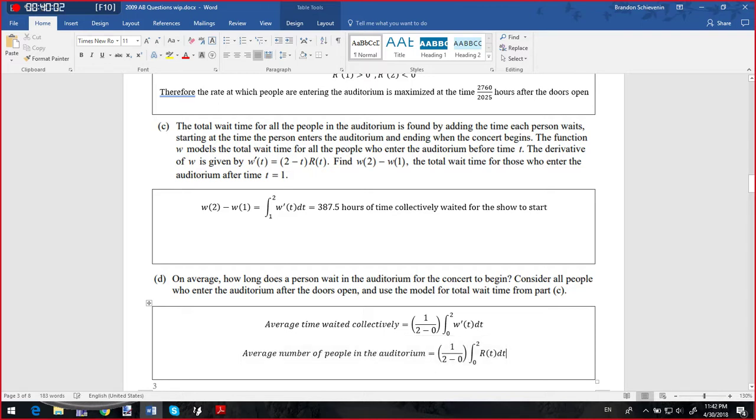So that'll tell us how many people are actually in the auditorium at that time. So this should give us an average number of people in the auditorium. If I take the average time waited and then divide by the average number of people, that should give me the average time per person that people are waiting. So I need to divide these two things together. Okay, so that would give me this.